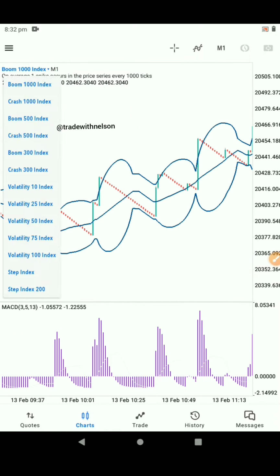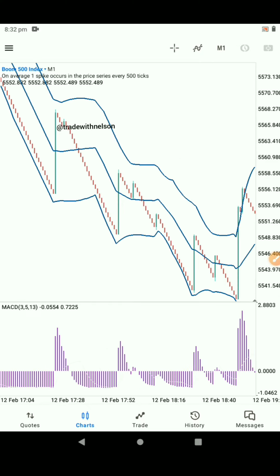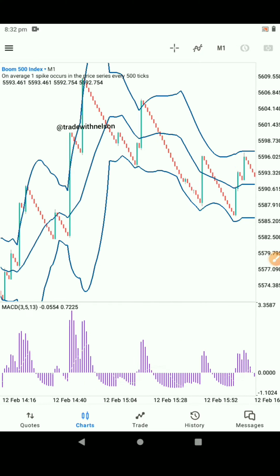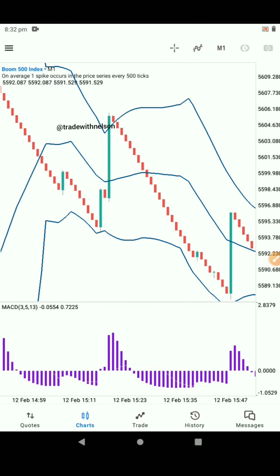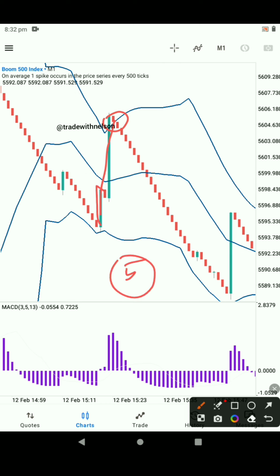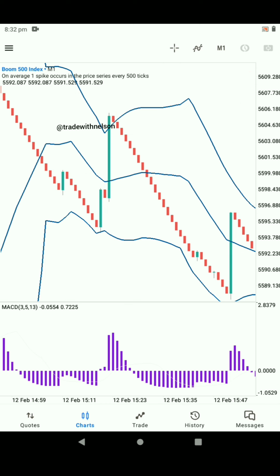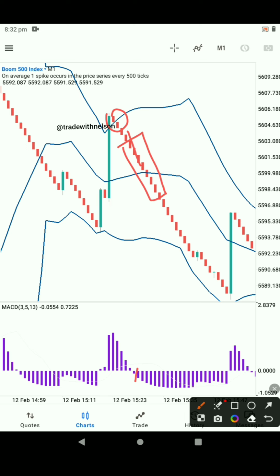So this strategy works also for the Boom 500, but I find it more profitable on the Boom 1000 chart. So you see over here, spike to the upside, but because of the nature of the 500 market, we can see 2 candles. But if it is the Boom 1000, only focus on 1 candle. So we see it enters into this level, see a down bar, drops, sell and count our 5 candles.